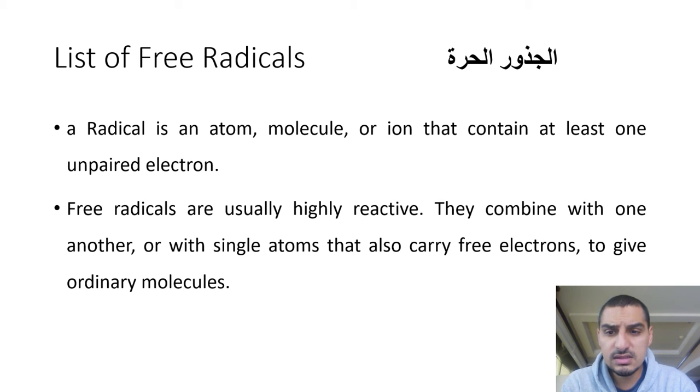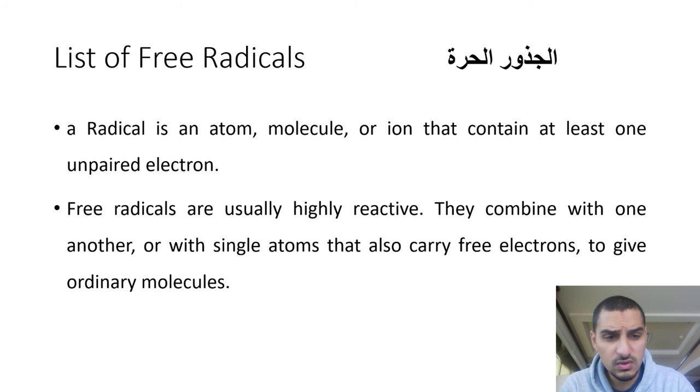Free radicals are either an atom, a molecule, or an ion that contains at least one unpaired electron. So these radicals act as one single unit. They are reactive, so they can go easily into reactions, and they behave as a single unit, as I said.